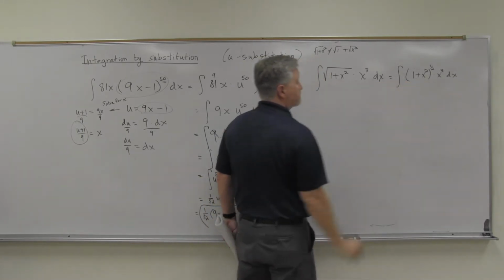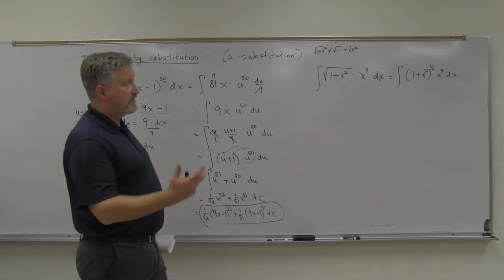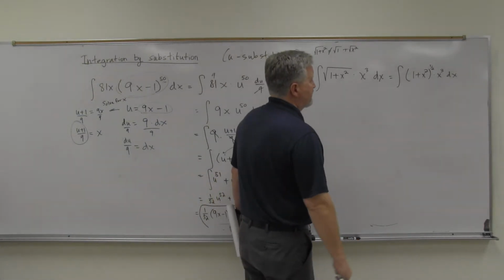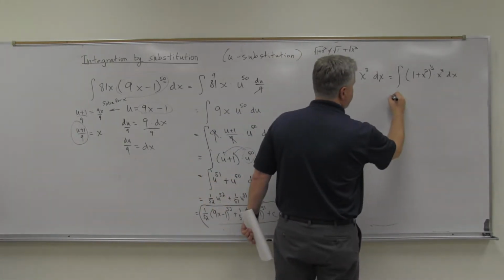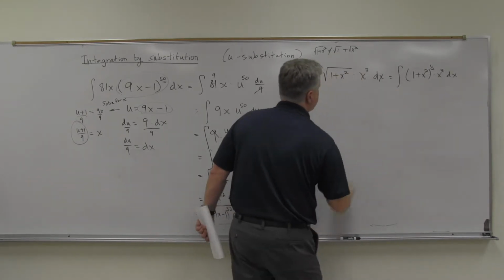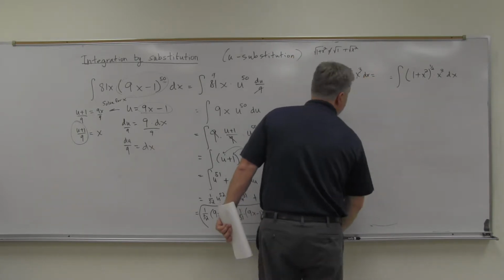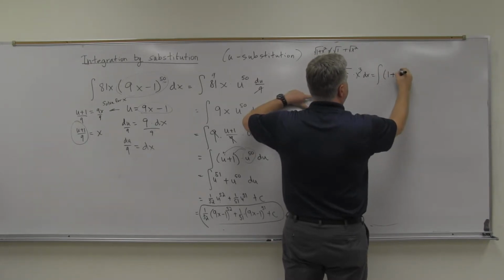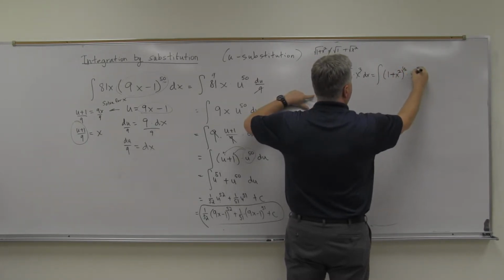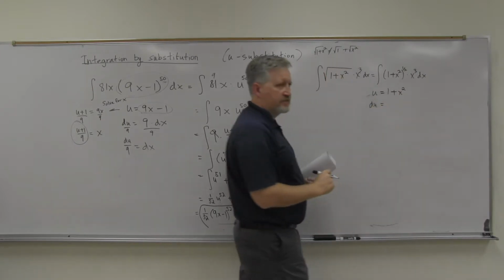So we have to leave that. And so it's just 1 plus x squared to the 1/2 power. And so that pretty well lines us out there. It tells us that the u here is going to be the 1 plus x squared, which would make du, so go ahead and get the du also.